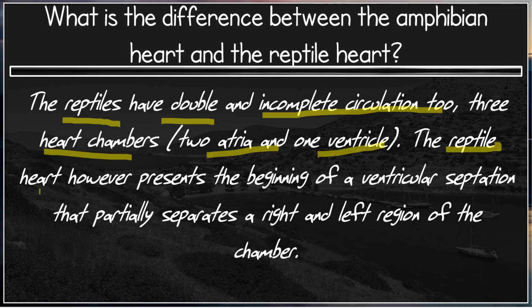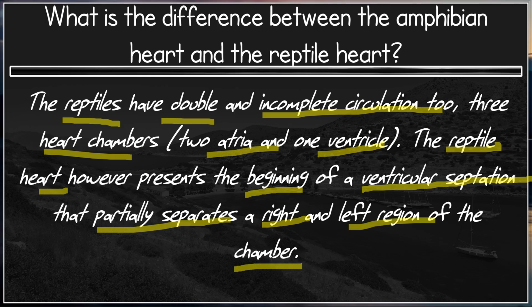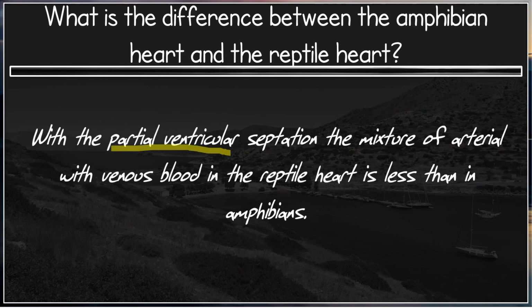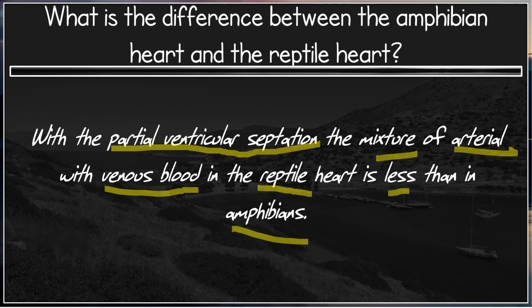The reptile heart, however, presents the beginning of ventricular separation, or septation, that partially separates the right and the left regions of the chamber. With the partial ventricular septation, the mixture of arterial with venous blood in the reptile heart is less than in amphibians.